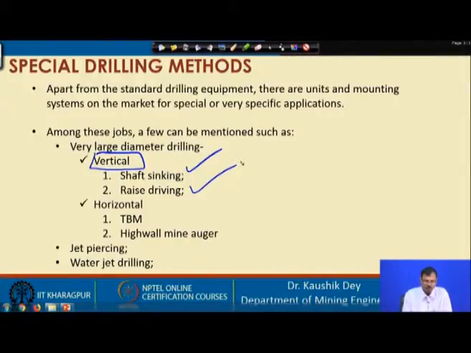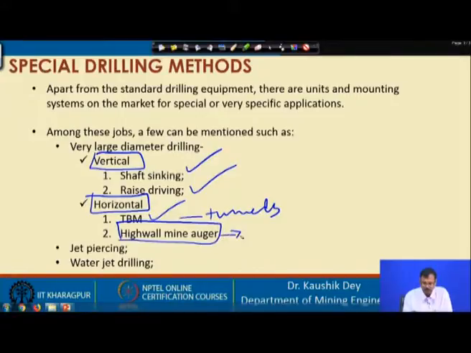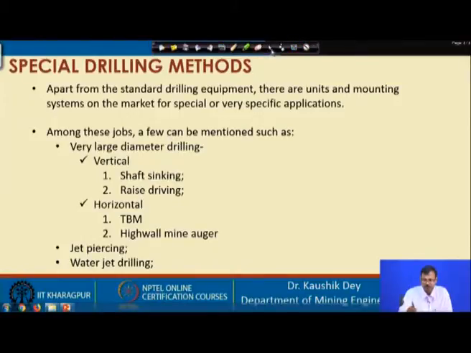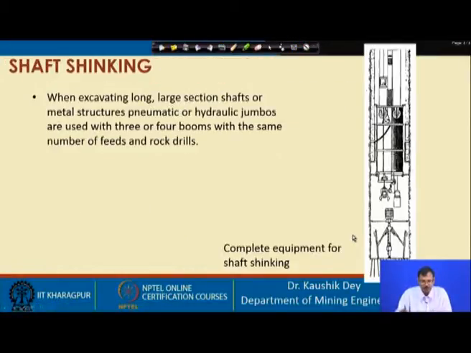If we carry it out horizontally, then it may be considered as the tunnel boring machine, where tunnels are constructed, or it may be the high wall miner auger, where the blocked rock mass or blocked ore, which may be coal also, is extracted by this high wall miner. And these two, one is flame and another is water, which we have already discussed. So, these are some special drilling methods that can be practiced in different specific conditions.